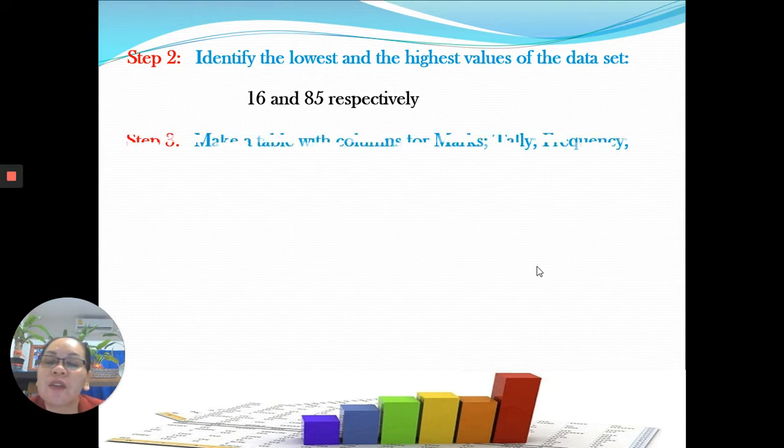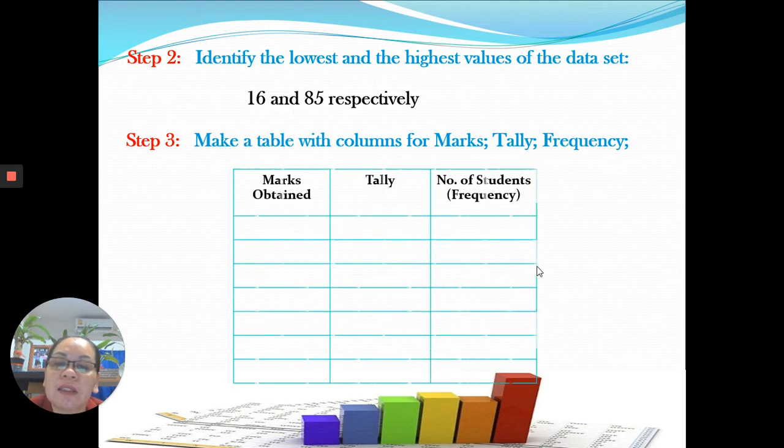And then the third step is you are going to make a table with columns for marks, tally, and frequency. So it should look like this. You have marks obtained, then you have tally, and then the number of students, which is your frequency.